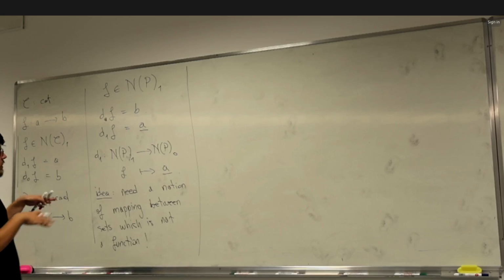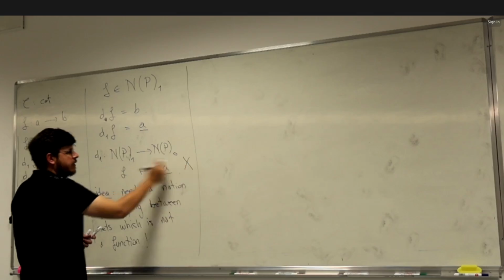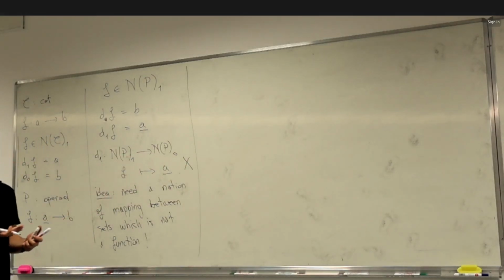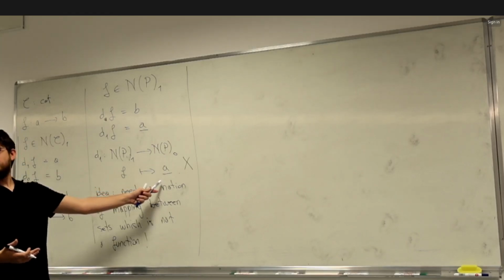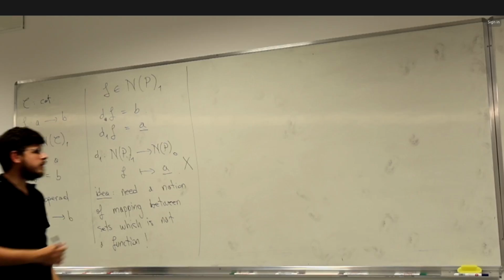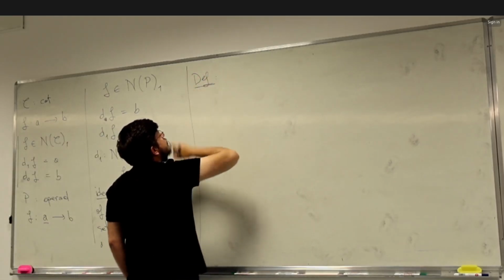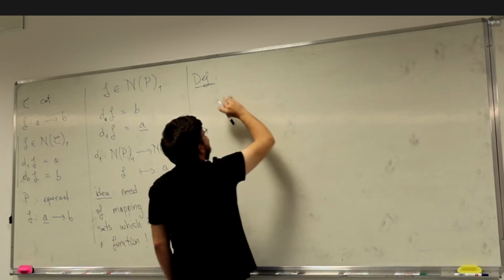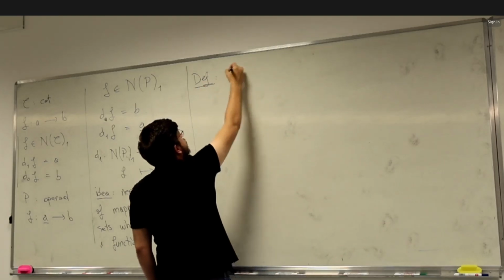Okay, so this brings us to a very simple idea. Given that we cannot do this with functions, let's change the notion of morphisms so that this is valid. Very simple idea. So let's do a definition. I will define a category of sets which is appropriate for this.